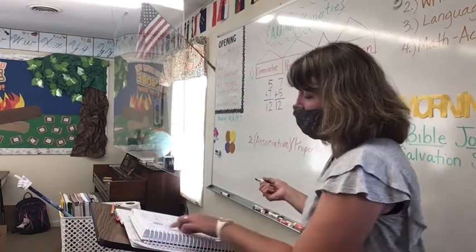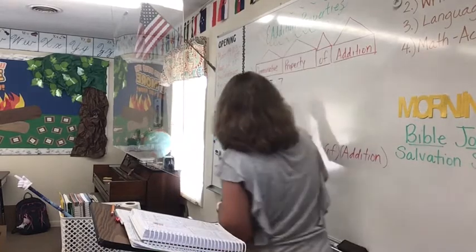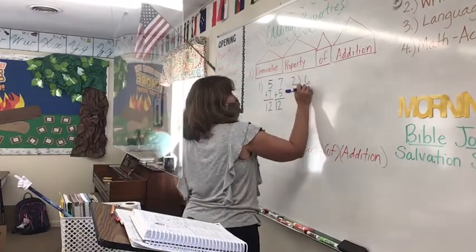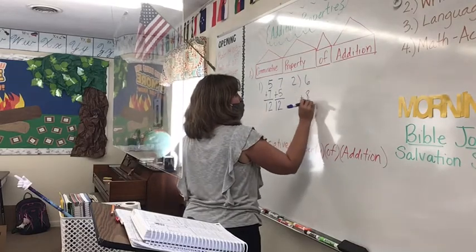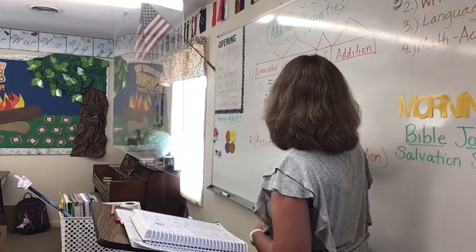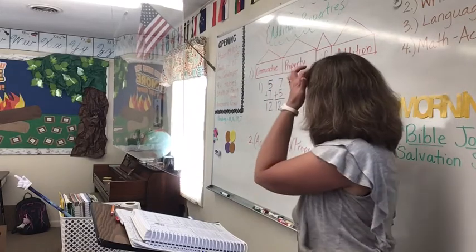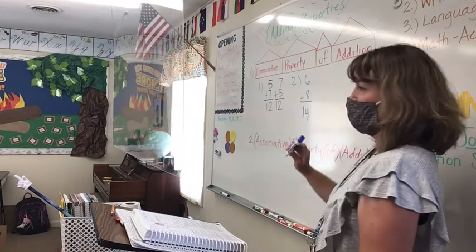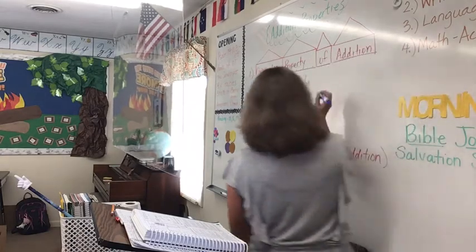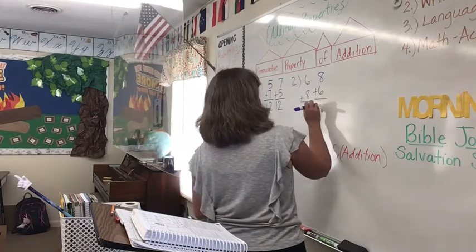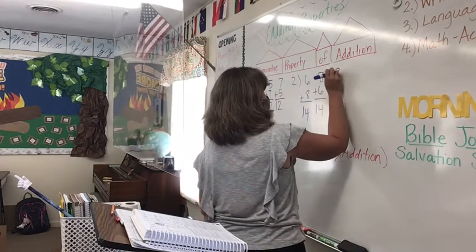Okay? So for number 2, we have 6 plus 8. And what does 6 plus 8 equal? 14. According to the commutative property of addition, what's our related addition fact? 8 plus 6. And that equals 14.